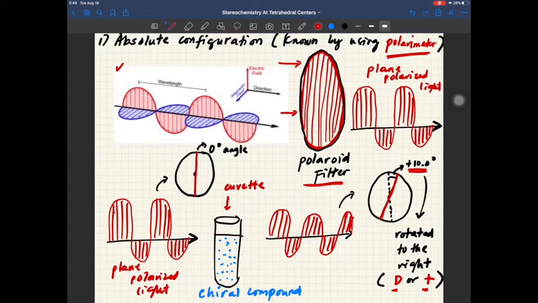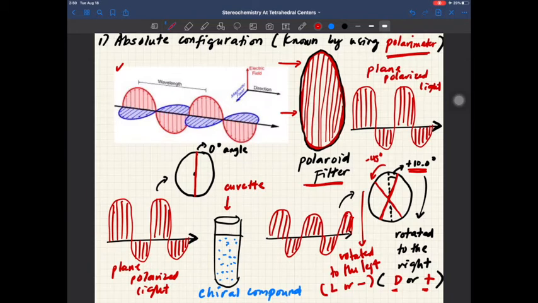On the other hand, if your plane polarized light is rotated to the left, or when it registers a negative angle, like negative 45-degree angle, it means that the absolute configuration is L or minus, meaning your chiral compound is levo-rotatory, or rotates plane polarized light towards the left or counterclockwise direction. Absolute configuration can only be known by using a polarimeter.